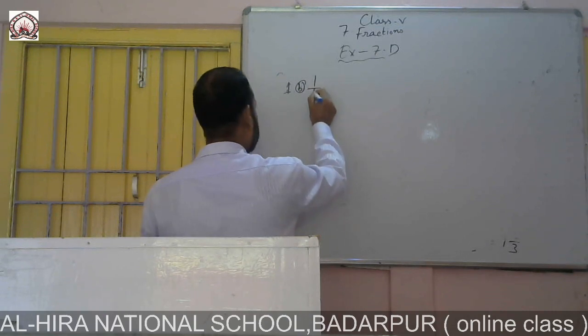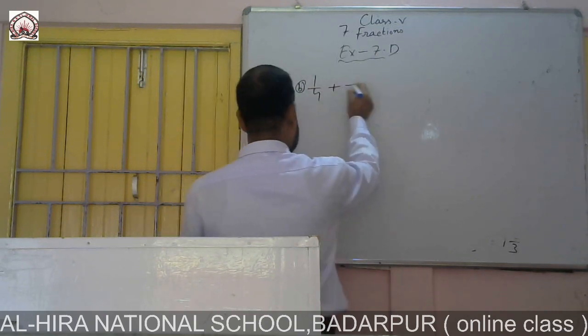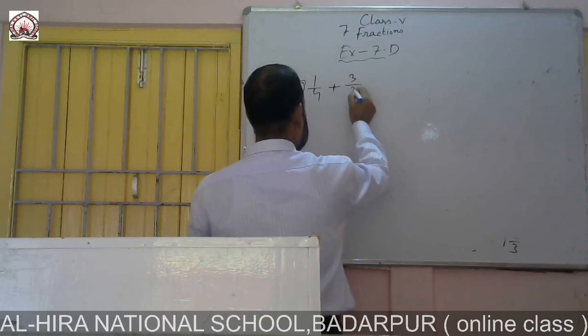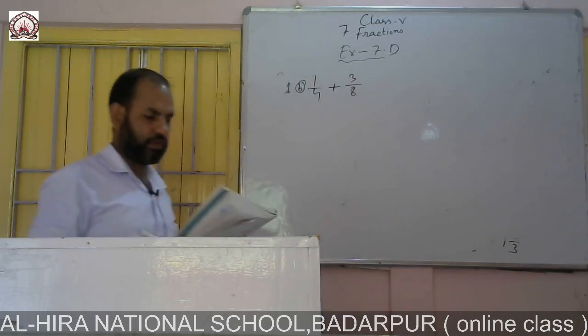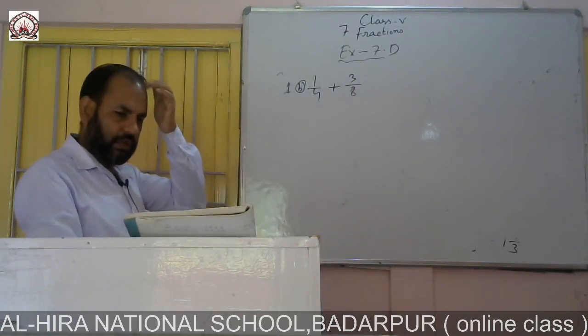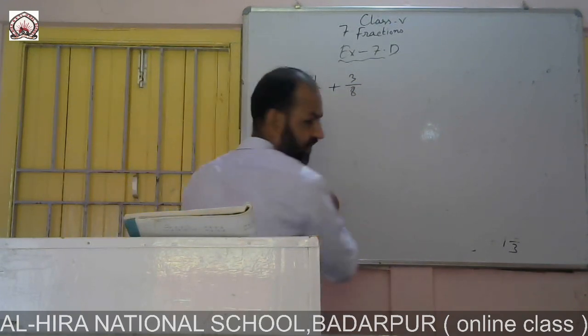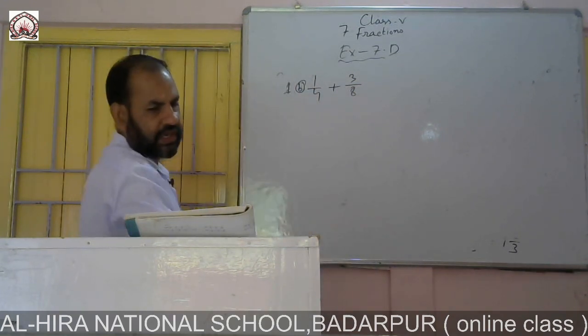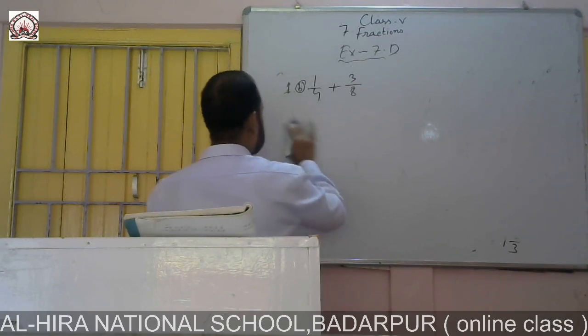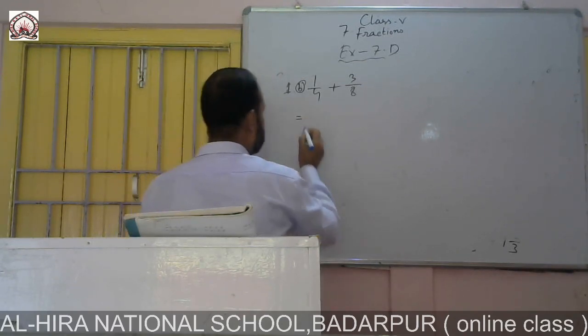1 by 4 plus 3 by 8. So first we change into like fractions, convert into like fractions. So we know how to change into like fractions.